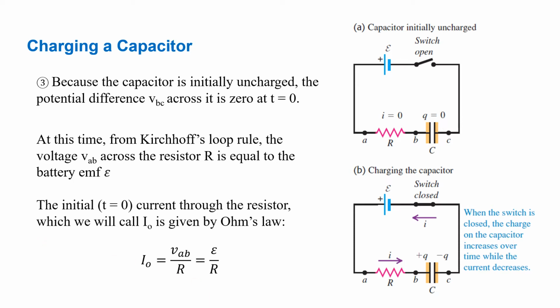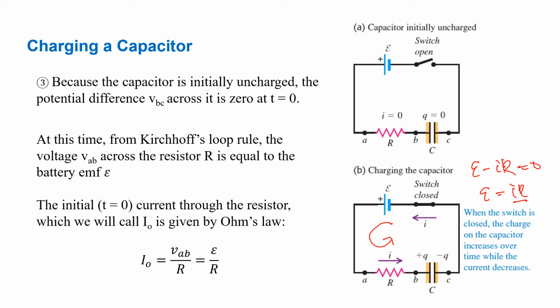Consider if you're going to travel counterclockwise, then from your Kirchhoff's loop rule, you have epsilon minus R IR that's equal to 0, or epsilon is equal to IR. And remember that IR is just the voltage across your resistor, which is equal to the battery EMF.